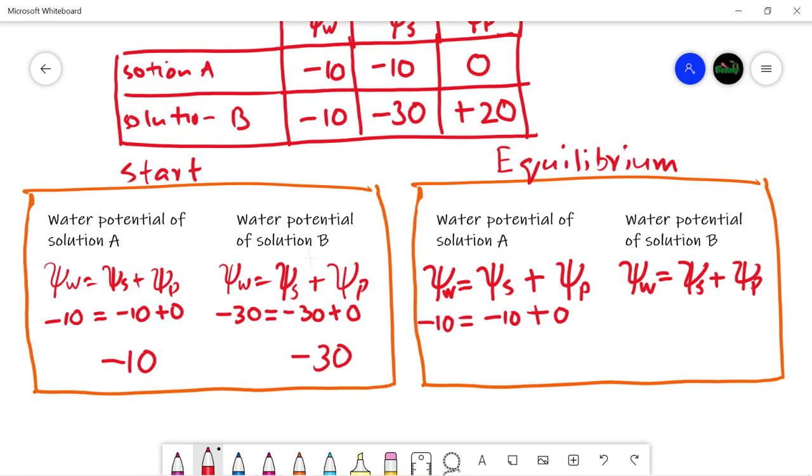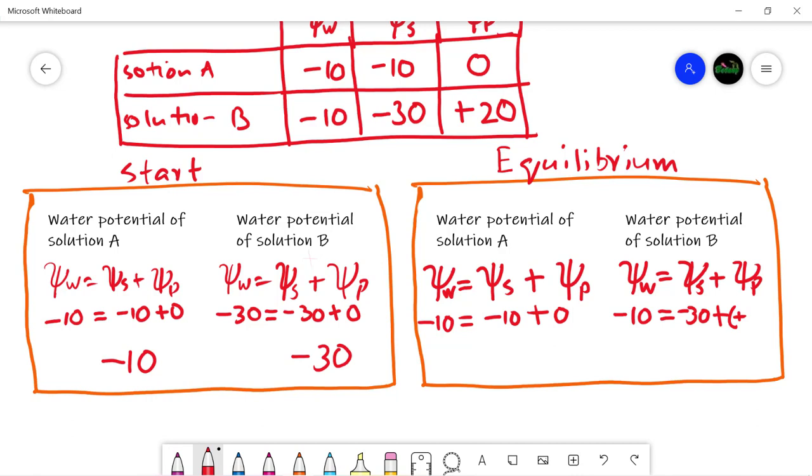However, as far as solution B is concerned, now at equilibrium the situation has changed. So we have minus 10 bars water potential, solute potential doesn't change, so it is minus 30, and now the pressure potential has developed and it is plus 20 bars.